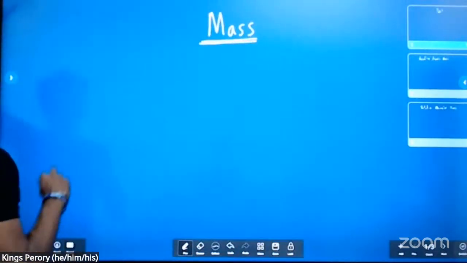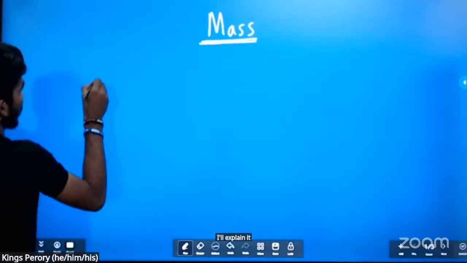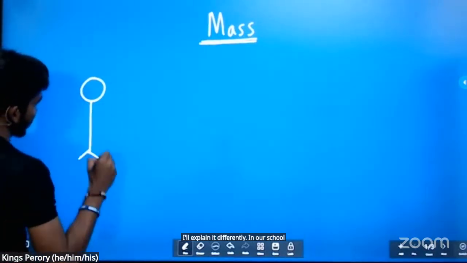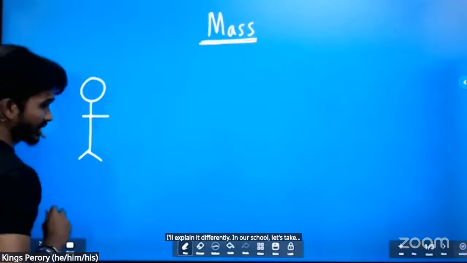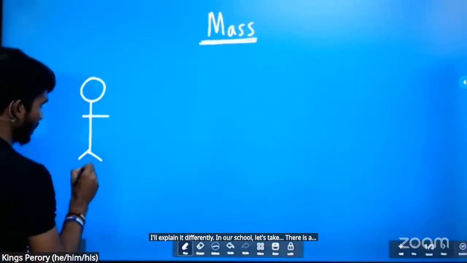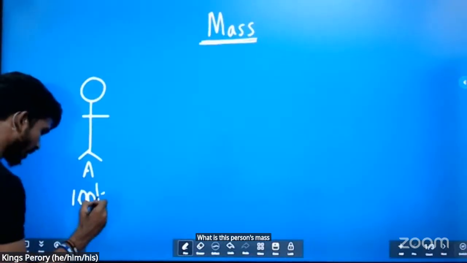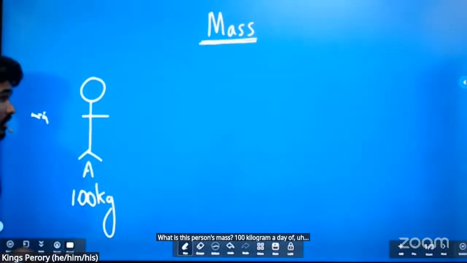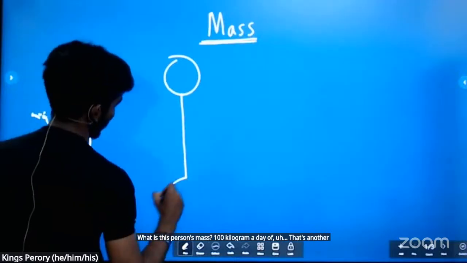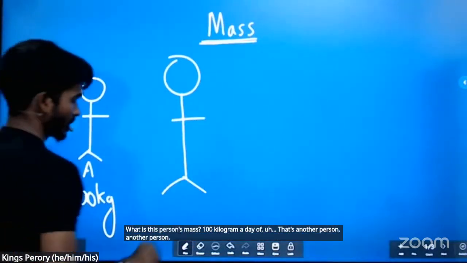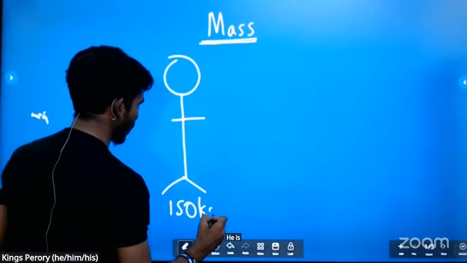Alright, I'll explain it this way. In our school, let's take a person A. What is this person's mass? 100 kilograms. That's another person, person B, who is 150 kilograms.